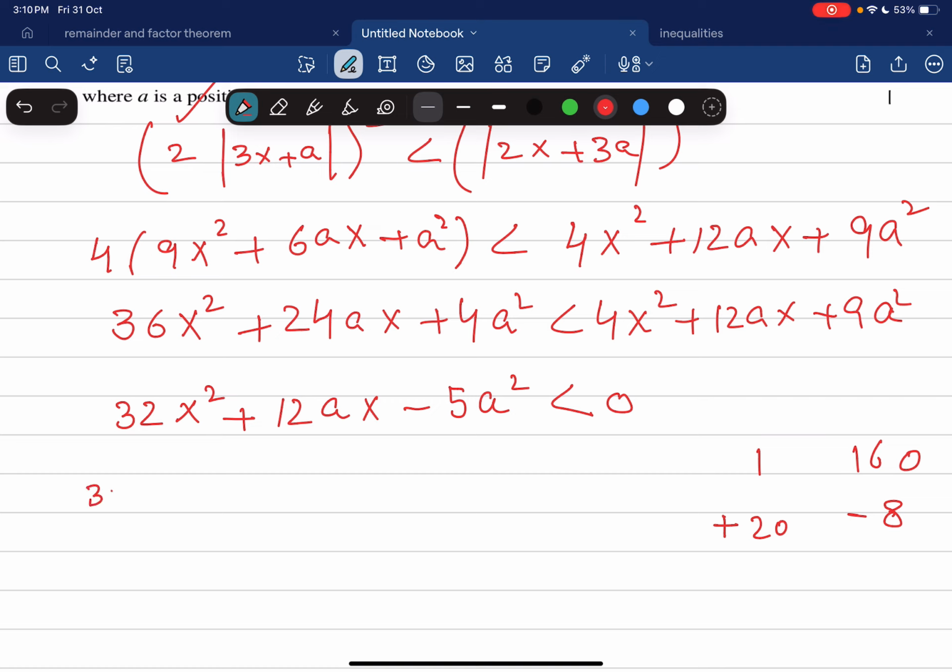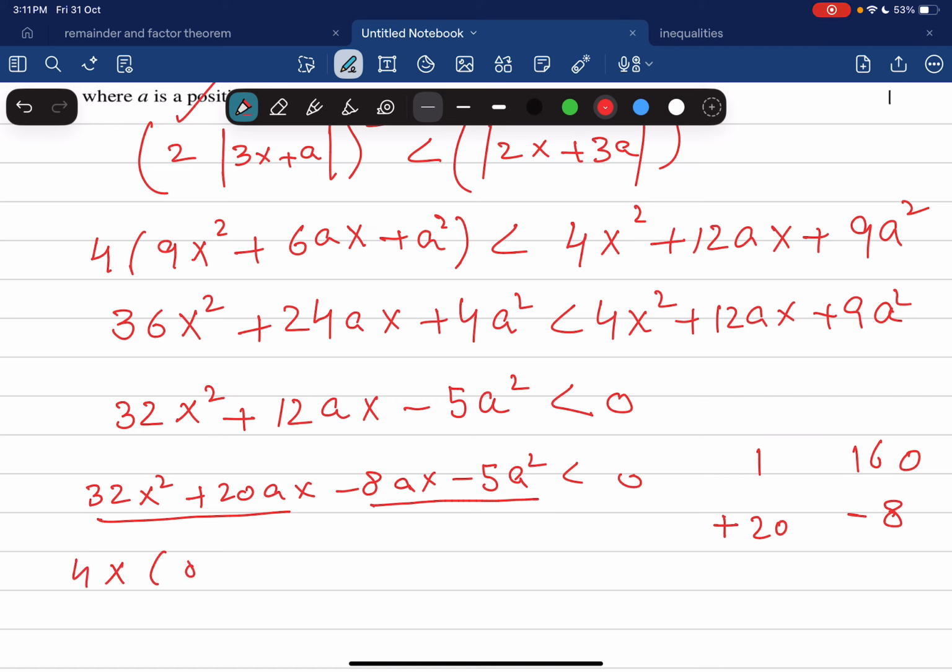32x² + 20ax − 8ax − 5a² less than 0. Take the common factor: 4x(8x + 5a).